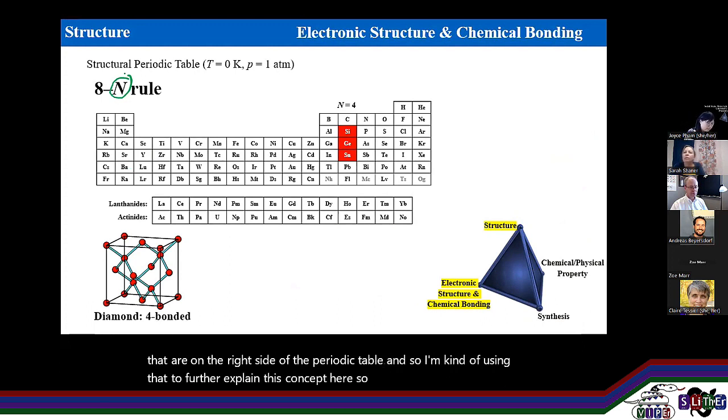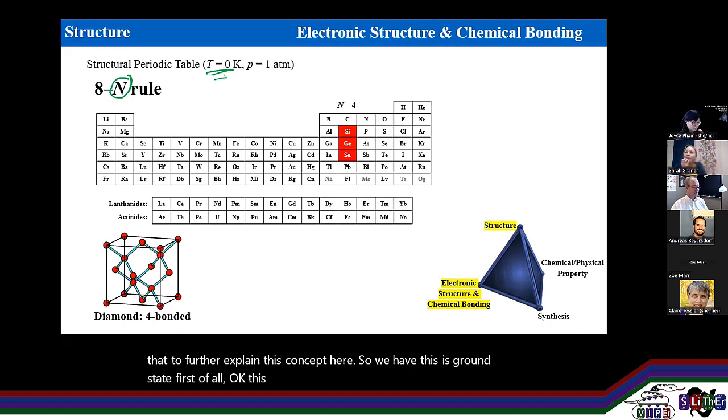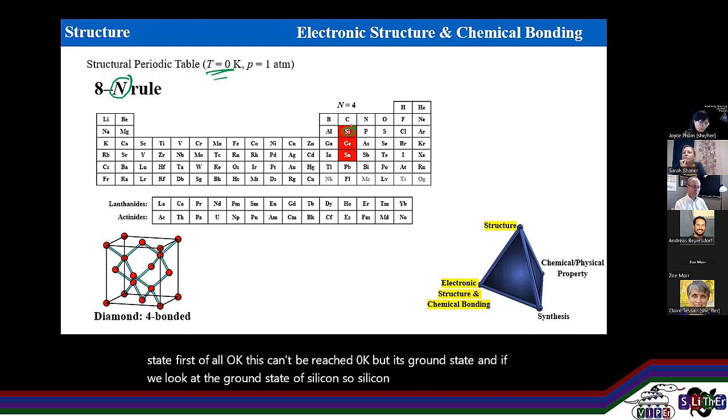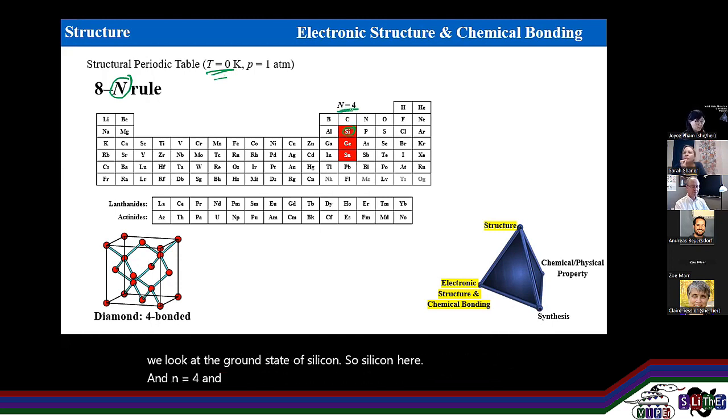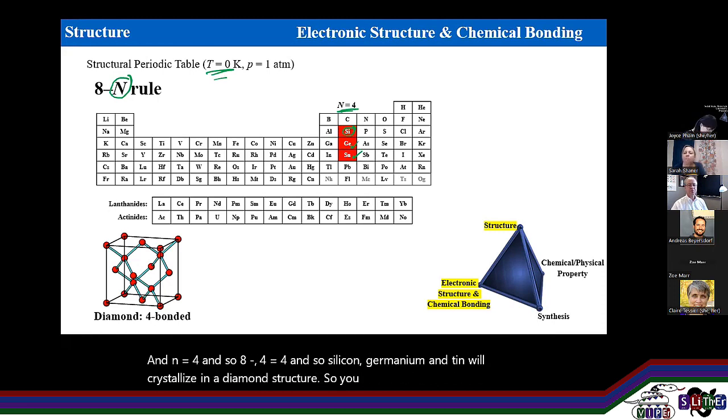This is the ground state, first of all. It can't be reached, 0 K, but it's the ground state. If we look at the ground state of silicon, here N equals 4, and so 8 minus 4 equals 4. Silicon, germanium, and tin will crystallize in a diamond structure. So you can see here the tetrahedron. Here's the tetrahedron.